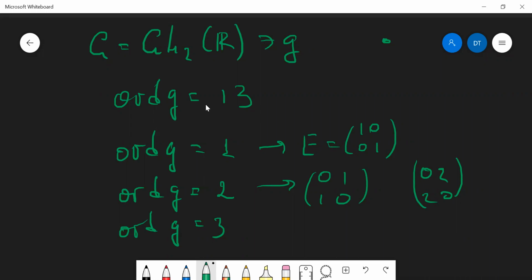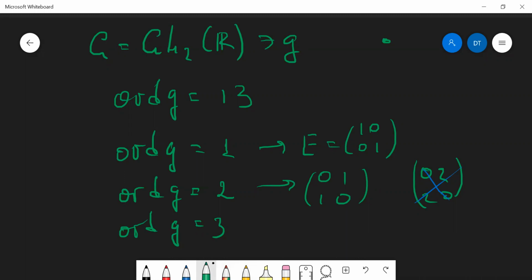Do you understand why it's wrong? Because all powers of this matrix will have greater powers of 2: 4, 8, 16, 32, or 1/2, 1/4, 1/8, etc. So you will get the identity only for the 0 power.